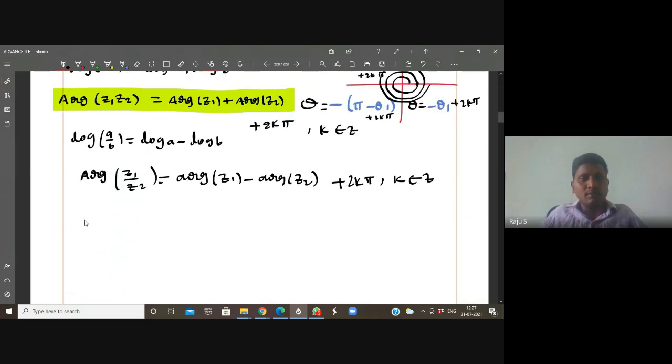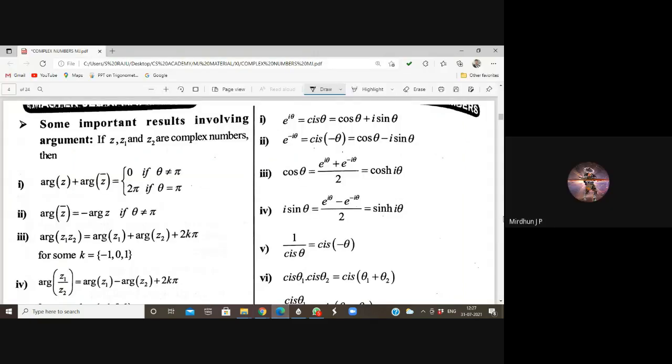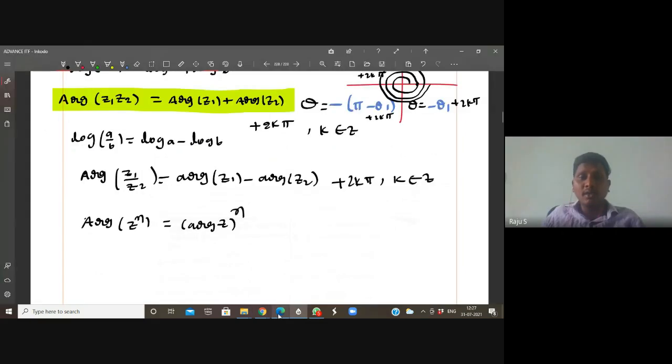Third property is also there, that is argument of z power n can be written as argument of z whole power n. Is it clear, students? Argument of z whole to the power of n. Sir, here will plus 2k pi come or not? 2k pi either you can take or not take. If they mention general solution or general argument, at that time only we can add.